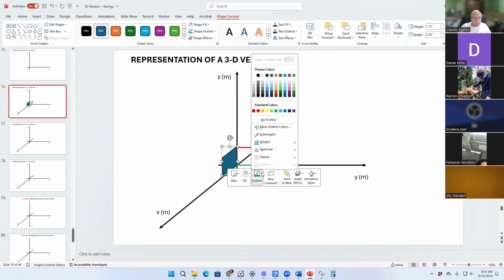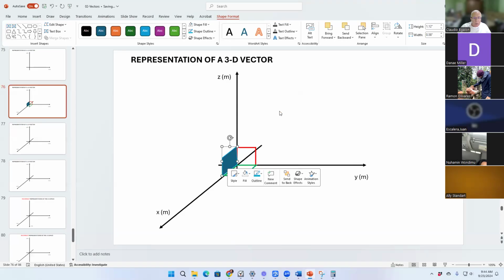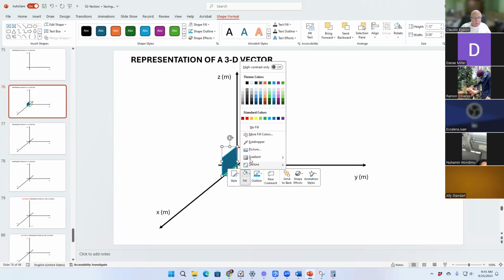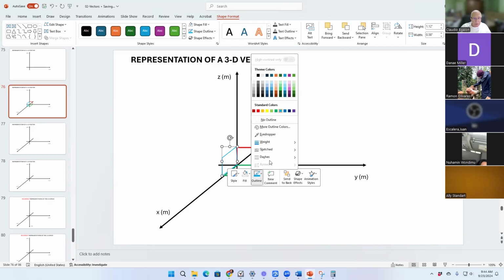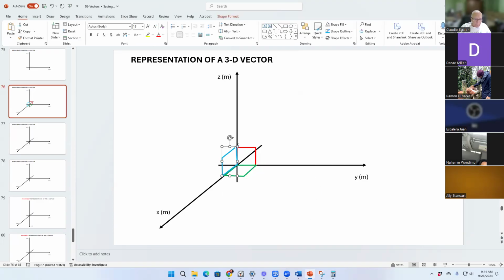Yeah, let's put blue here. Blue and no fill. I'm going to make it thicker. And a little bit, I don't like this, but that's okay. Would be better, right? A little bit twisted. Let's see if I can do better.